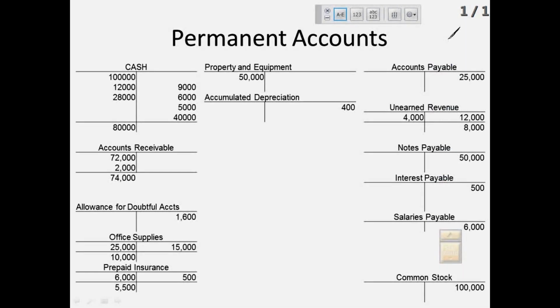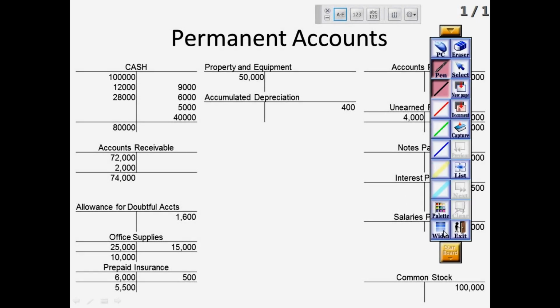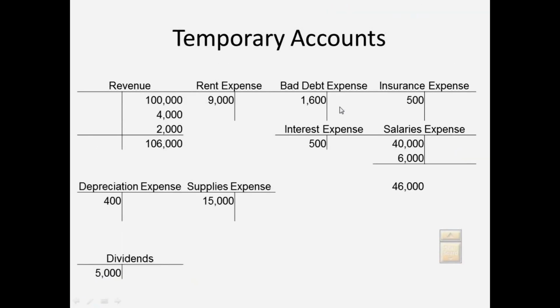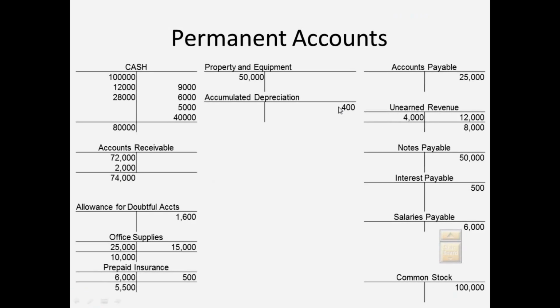Okay, so here are the permanent accounts, the assets: cash, accounts receivable. We have the contra assets, allowance for doubtful accounts.